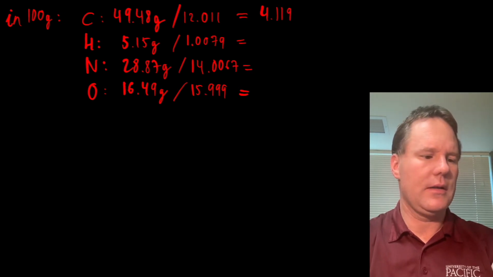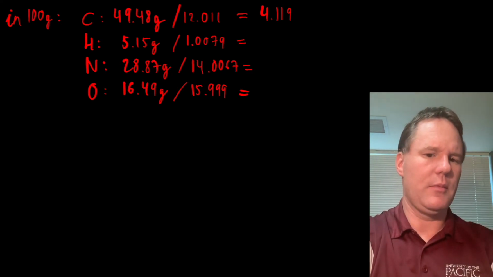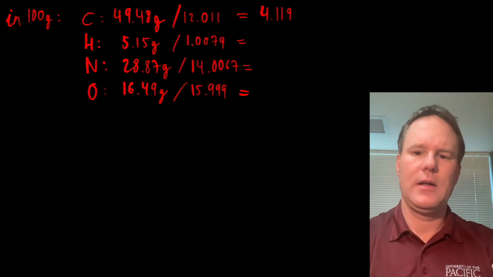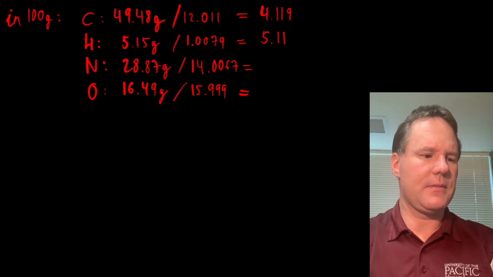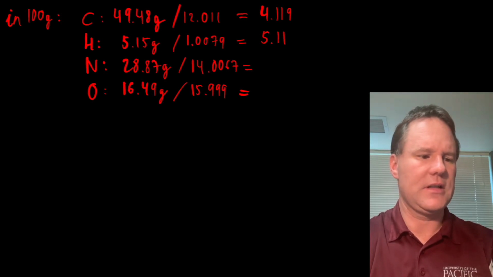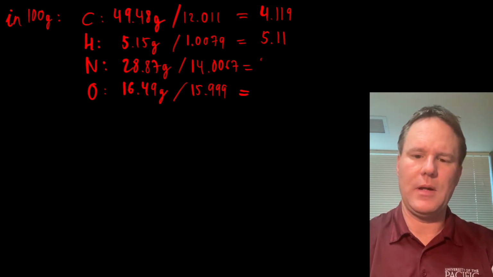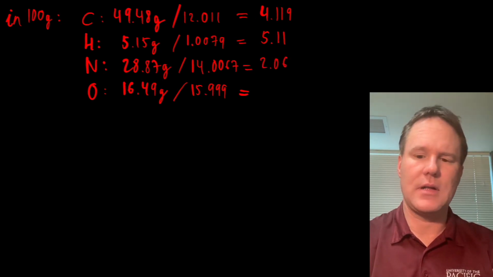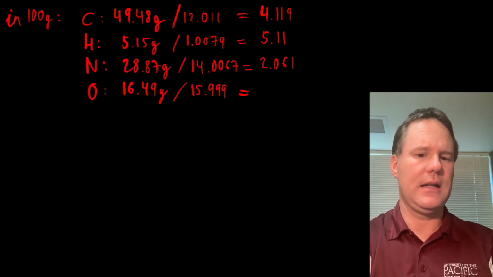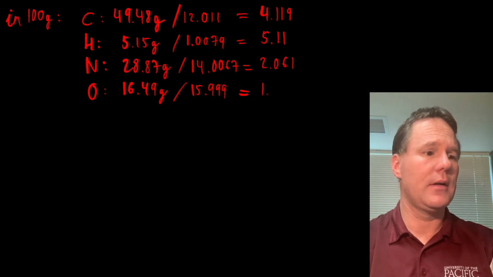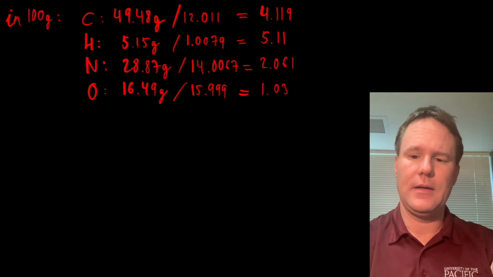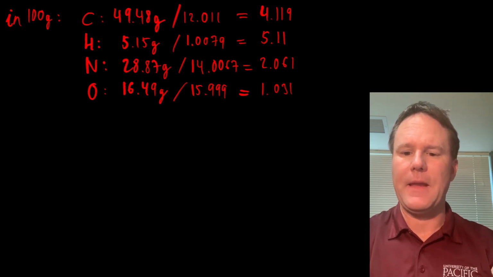Then 5.15 divided by 1.0079, that would give me 5.11. And then the next one, it's a bit laborious, but not too complicated, 2.061. And then the last one is 16.49 divided by 15.999, I'll give you 1.031.